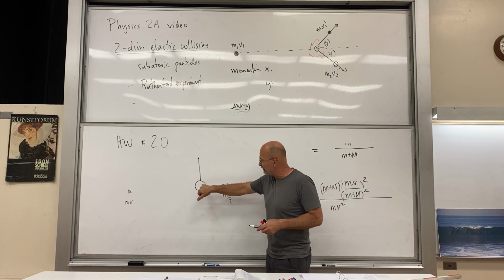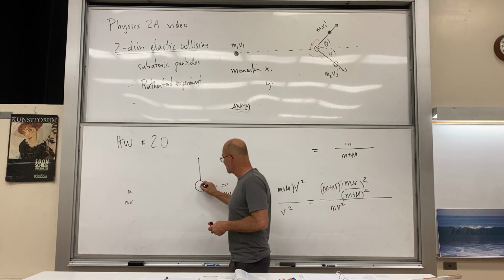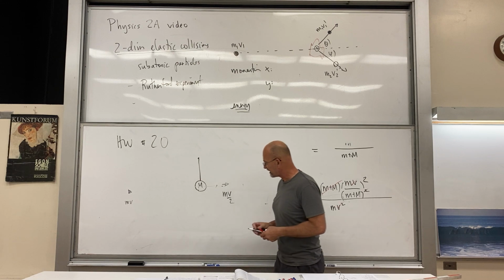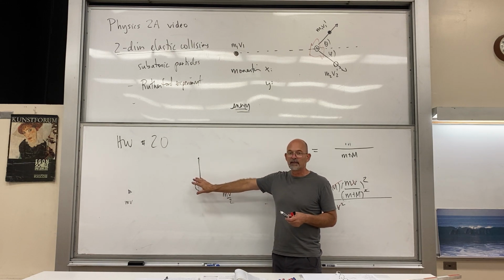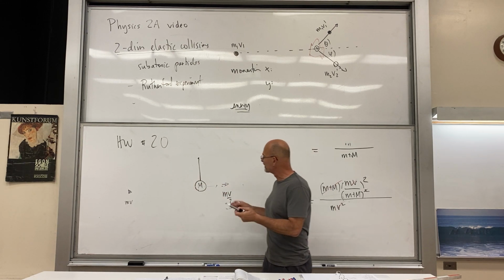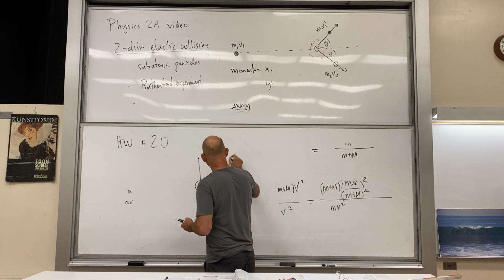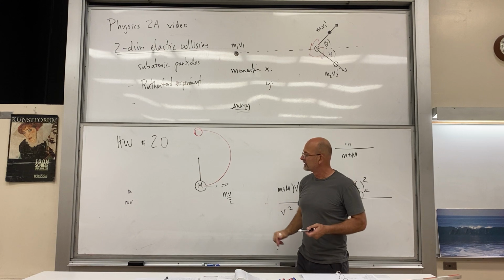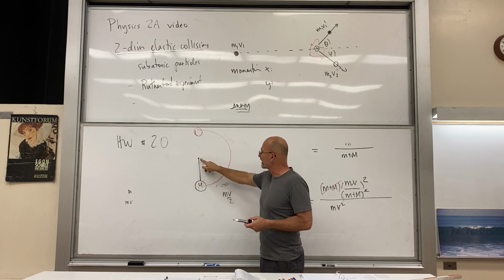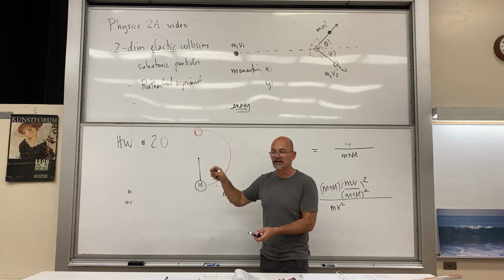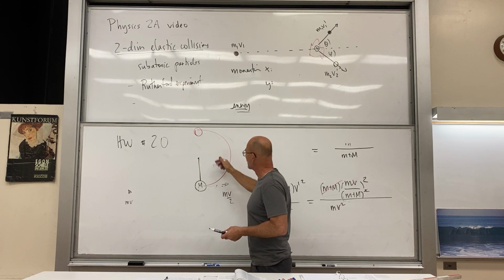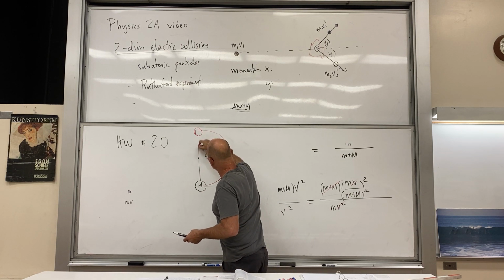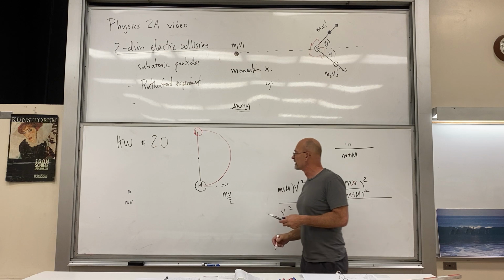Therefore, some of the momentum has been transferred to this capital M. So along with the momentum, it's picked up some speed, and the problem is asking you to find the speed that it would take to bring it all the way upside down. They're saying it's not a string, it's a massless stiff rod that'll take care of that. So it'll go up to here, just barely.